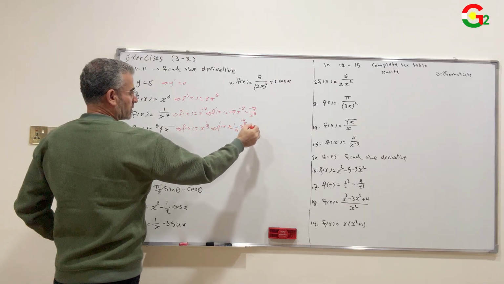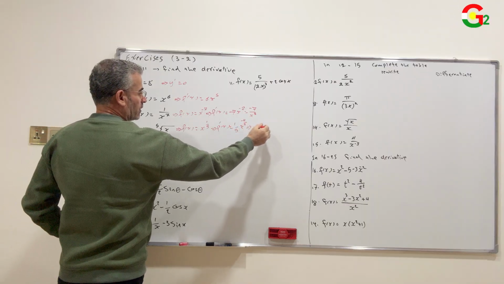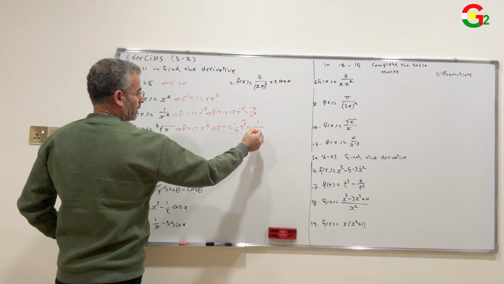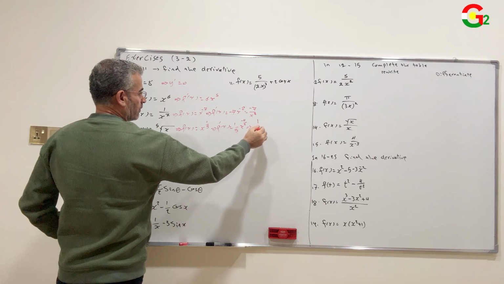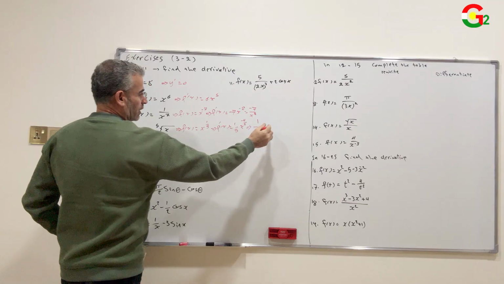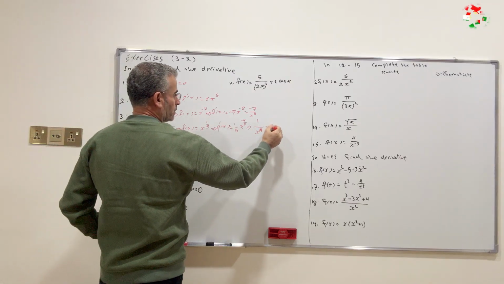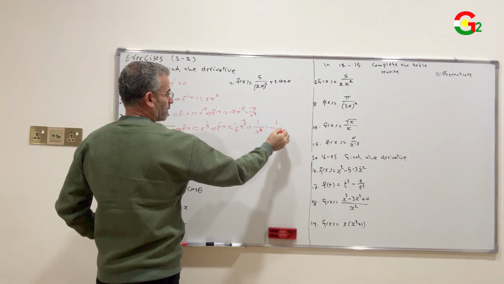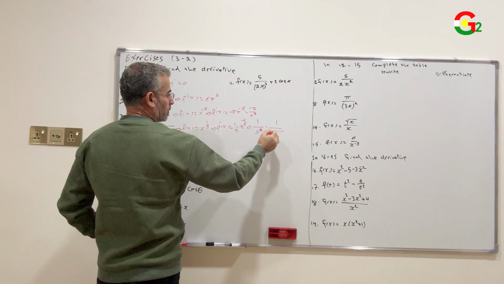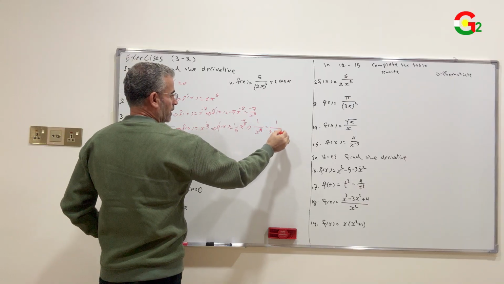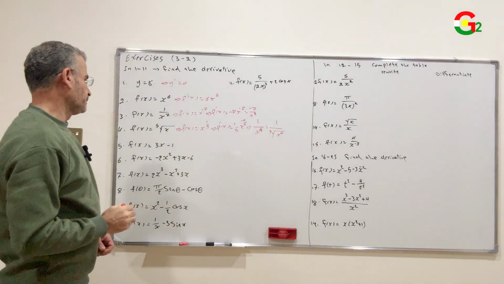Rewrite this function, then it will be 1 over x to the 4 over 5, and you can write it in root form as 1 over the root of order 5 of x to the power 4.